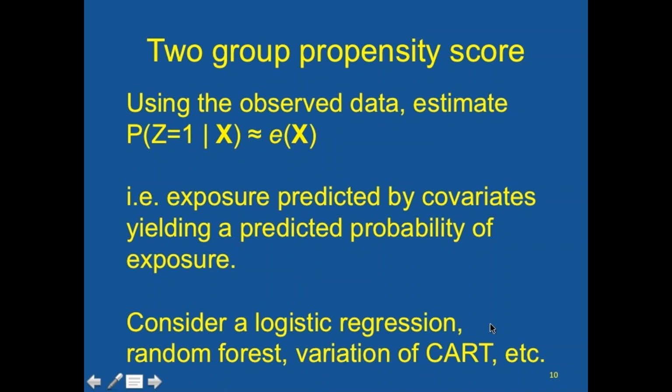And it's nice because we really trust logistic regression. We know a lot about it, we're fairly comfortable with it. That's an idea that we're going to circle back to when we think about getting to 3 groups.